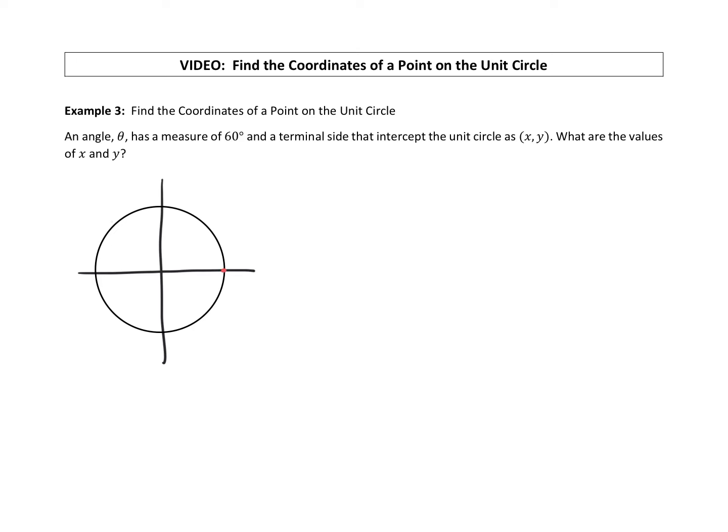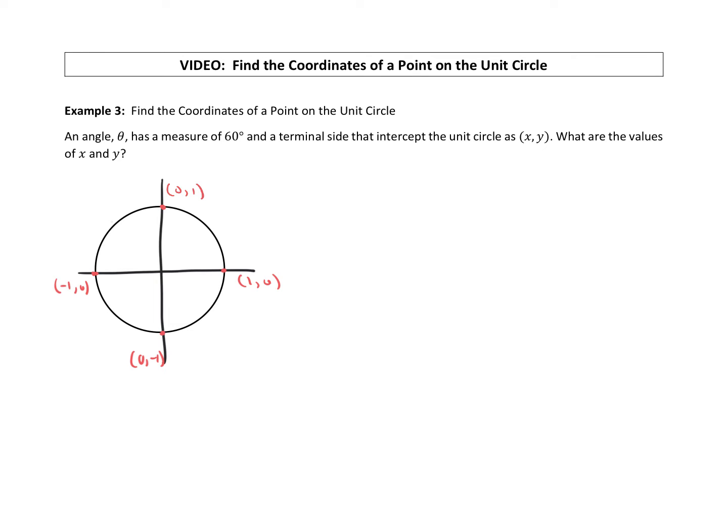So here, this ordered point would be 1, 0. This point up here has a radius of 1, so that would have the ordered pair 0, 1. Over here, we have the ordered pair -1, 0, and down here we have the ordered pair 0, -1.